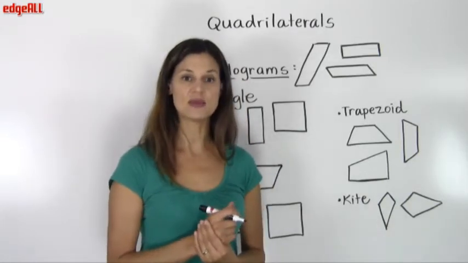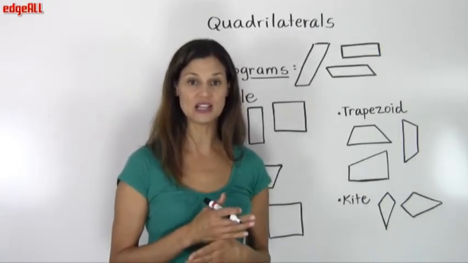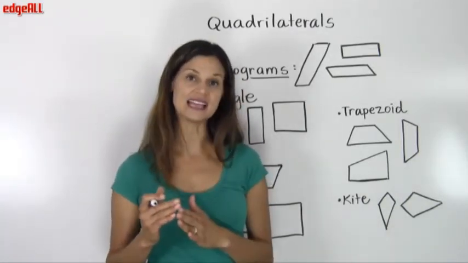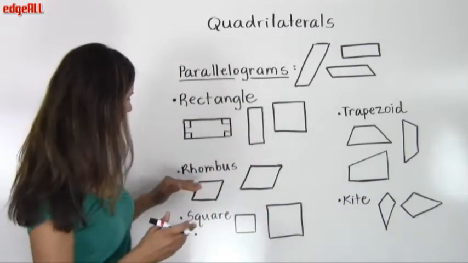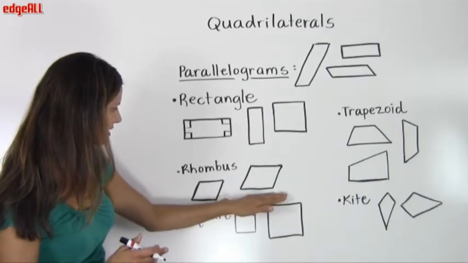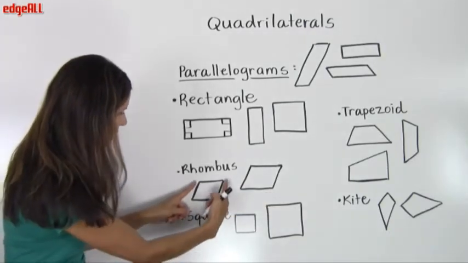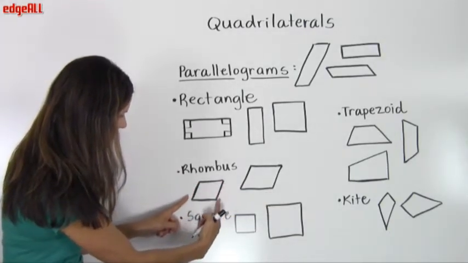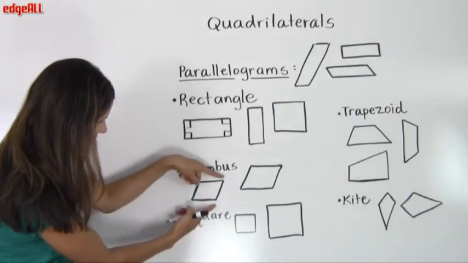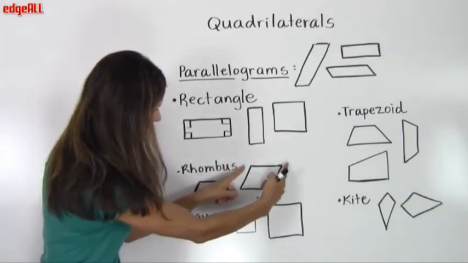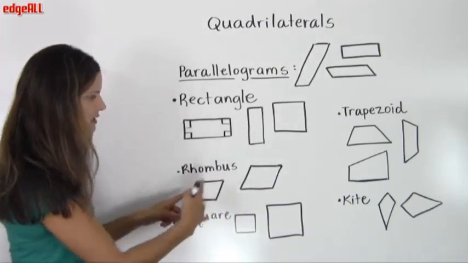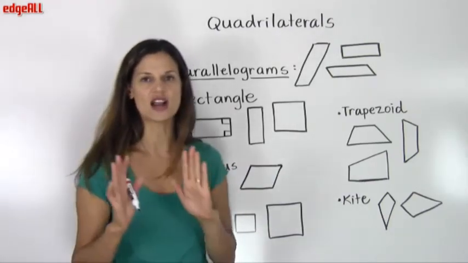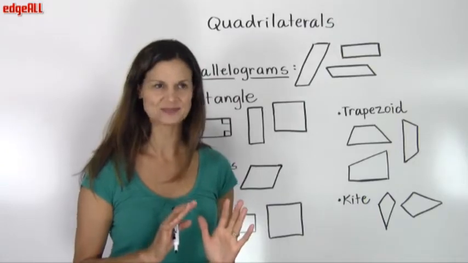Now, since a rhombus is a specific type of parallelogram with 4 equal sides, all of our rhombi are also parallelograms. So here are a couple examples of rhombi where I have parallelograms. So I have these 2 sides parallel to each other and these 2 sides parallel to each other, these 2 and these 2, and all 4 sides in a rhombus are of equal length.